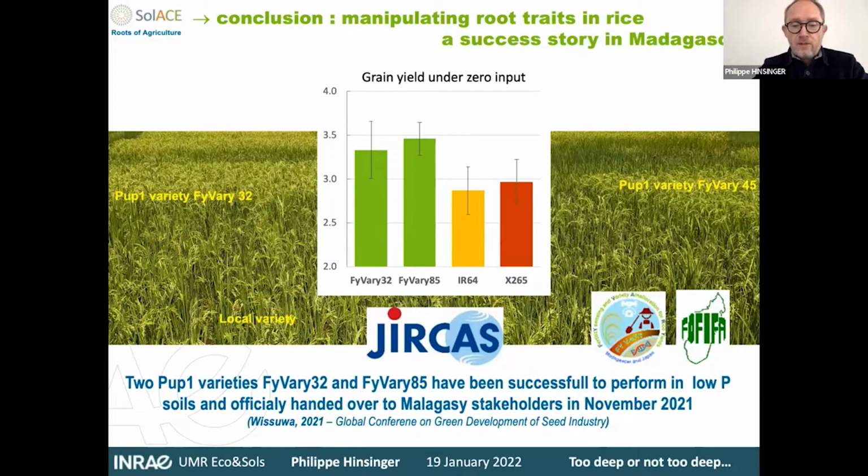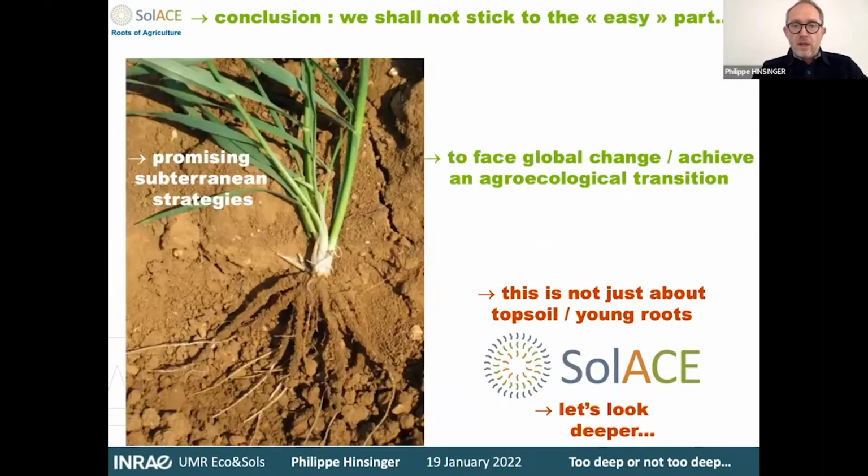So with this very last example, I would like to finish and come back to the many promising subterranean strategies we are looking at to face global change, especially climate change, and achieve an agroecological transition of our agriculture.